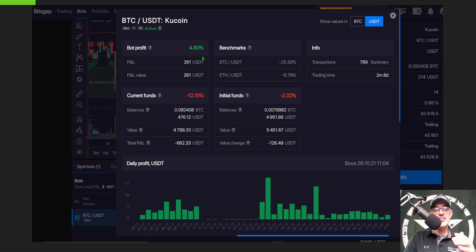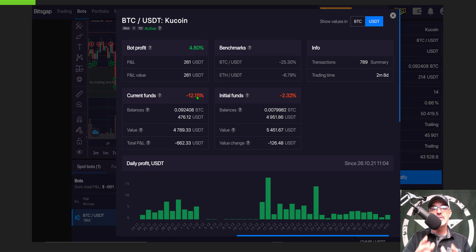And therefore it will offset some of your loss because you've accumulated bot profit, in this case 261 USDT, or just shy of 5%. However, this bot is currently down 12%, and so it's outperforming the Kucoin bot by about 4%.